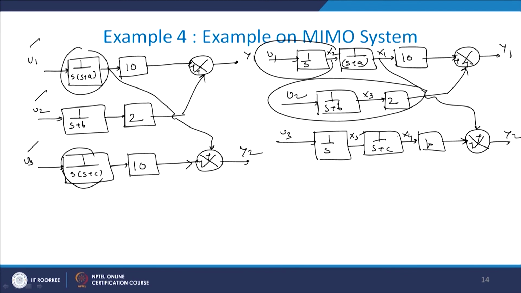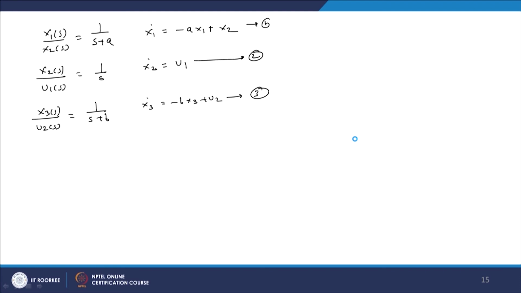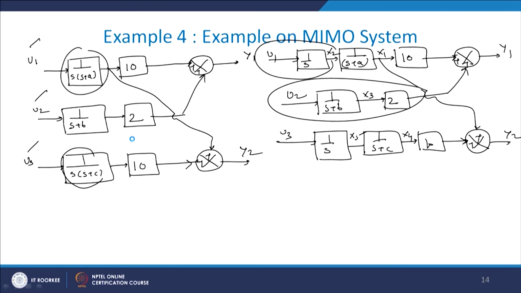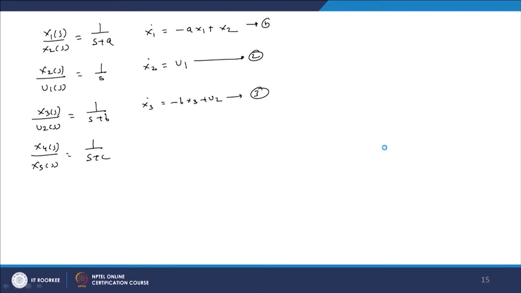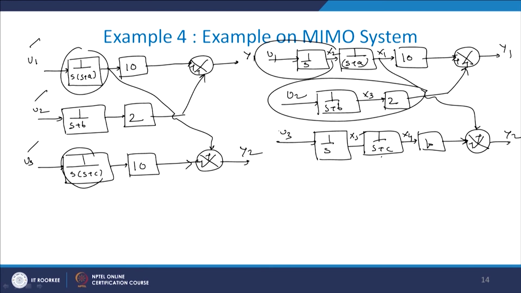Now, coming to this. Here are two blocks, that is x4 with respect to x5 and x5 with respect to u3. So we have to write down the equation for these blocks. We can write down x4(s) by x5(s) equal to 1 upon s plus c. Yes, here 1 by s plus c. So you write it like this, and now we solve it. We will get x4 dot equal to minus c x4 plus x5, this is equation number 4, and lastly x5 by u3.